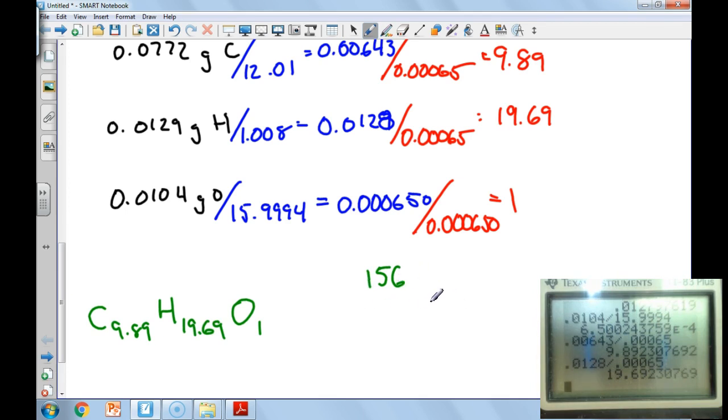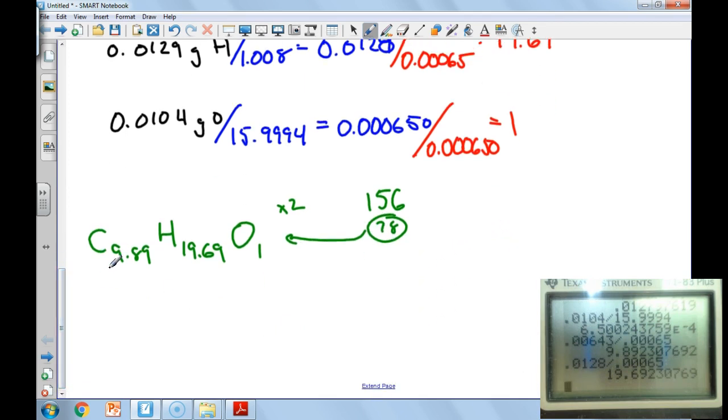Because let's say this comes out to be 78 when I find the mass of this, then I know I have to take that formula and multiply it by 2. Because these fractions are so weird and not obvious, I'm going to kind of game the system.